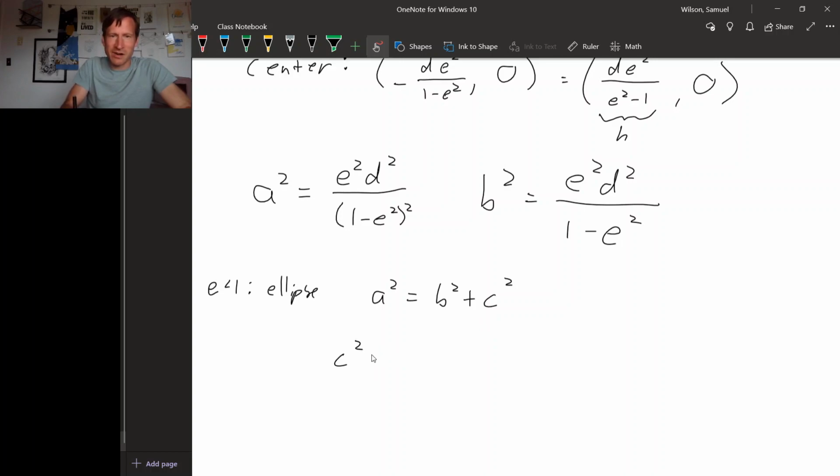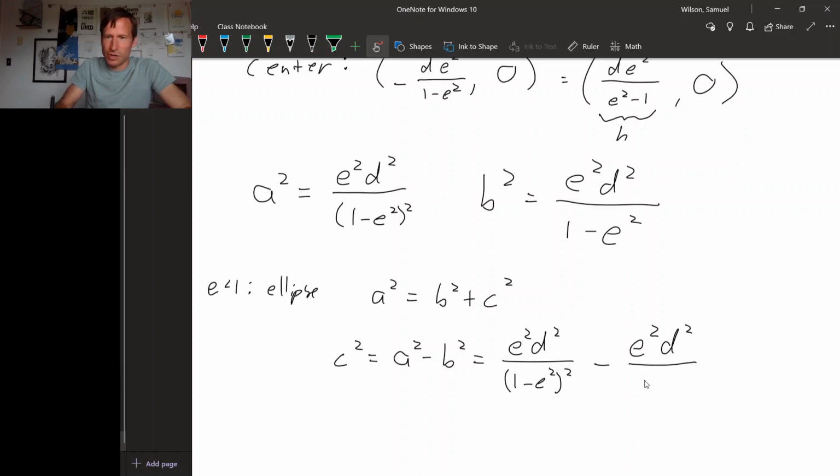So c squared is a squared minus b squared, and that is e squared d squared over 1 minus e squared, squared, minus e squared d squared over 1 minus e squared. Probably we should put these over a common denominator, so let's multiply this one by 1 minus e squared.